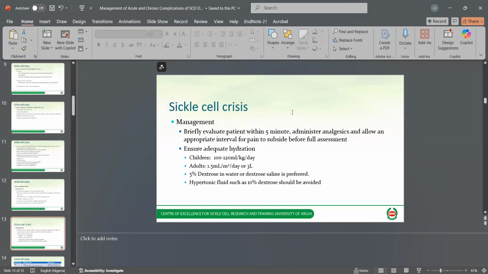Briefly evaluate the patient within 5 minutes, administer analgesics, and allow an appropriate interval for pain to subside before full assessment. Ensure adequate hydration. For children, you give 100 to 120 ml per kg per day.